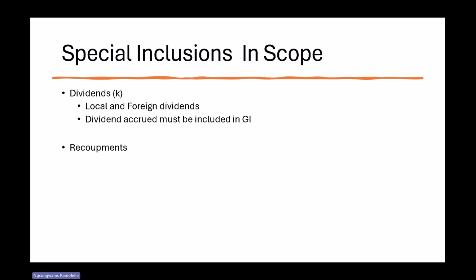There's no concept in tax that says because something is included in gross income and has an exemption, that you nullify the two and treat it as if this has not happened and therefore don't include it anyway. When dealing with dividends, you'll bring those dividends in based on that specific section of the Income Tax Act that allows you to bring that into your gross income, and then you will exempt them based on that specific section of the Income Tax Act that allows you to exempt that income.